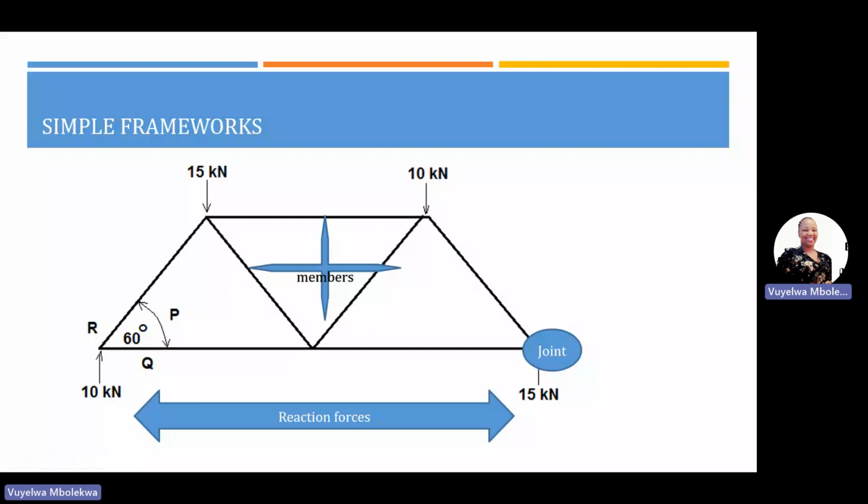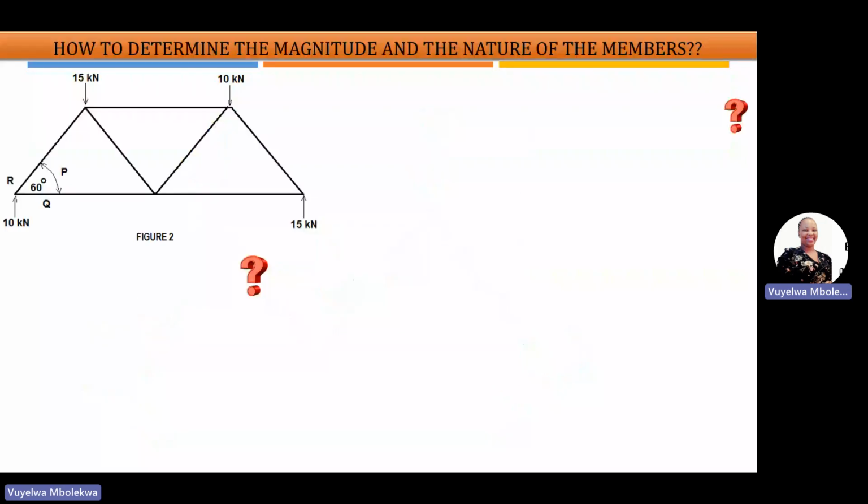I'm not sure how many of you grasped that, but this lesson depends on that knowledge. So we make an assumption here to do our calculations. We assume that each joint is in equilibrium, because if it's in equilibrium, then we can do a vector diagram. How to determine the magnitude and the nature of the members?